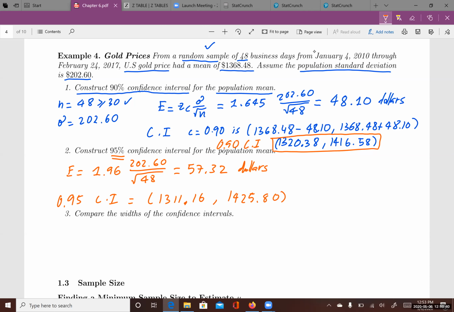Okay, so this is the confidence interval for 95%.